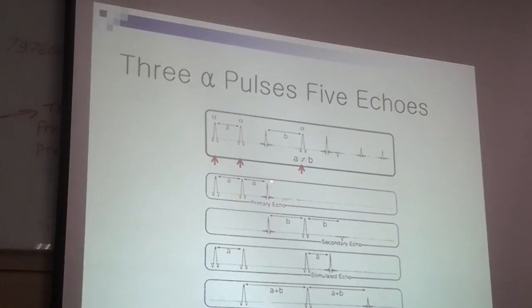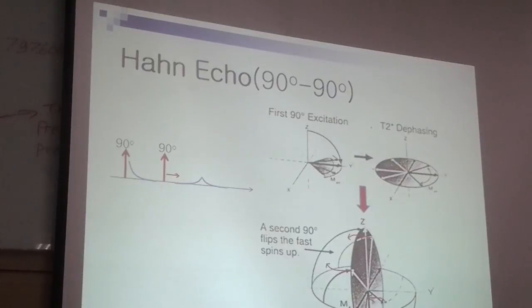First, echoes are generated by the previous 2 RF pulses. So it's just the Hahn echo, as explained before. When we use two 90-degree RF pulses, the Hahn echo is generated.